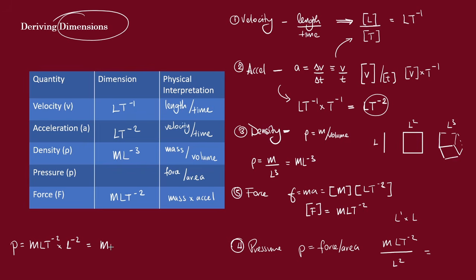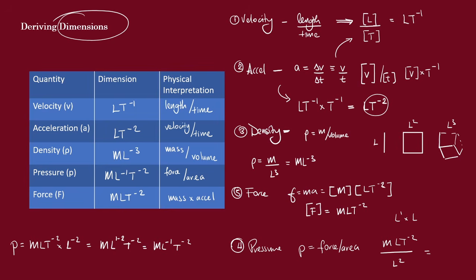So that's going to be M. L is L. So from the laws of indices, if you're multiplying the same base, you add the indices. So L is L raised to power 1, then minus 2. Okay? Times T raised to power negative 2. So that's going to be M L raised to power minus 1, T raised to power minus 2. Alright, and so on and so forth.